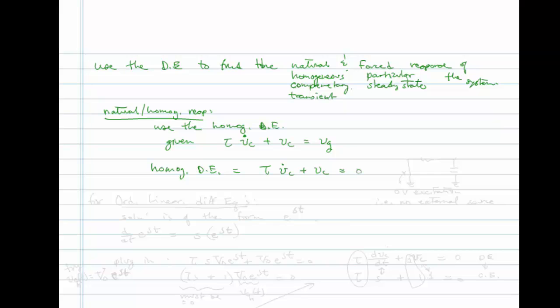What is the significance of that? Well, remember, this is describing this RC, and what it does is it sets a 0-volt excitation. In other words, no external energy source. So whatever happens is going to happen because of the internal energies that were in the system when it first started off or when it was released. And the homogeneous equation will describe how that energy will essentially dissipate.